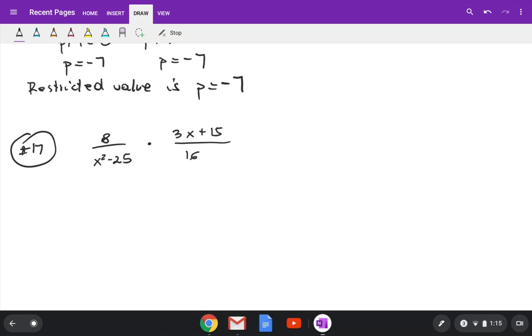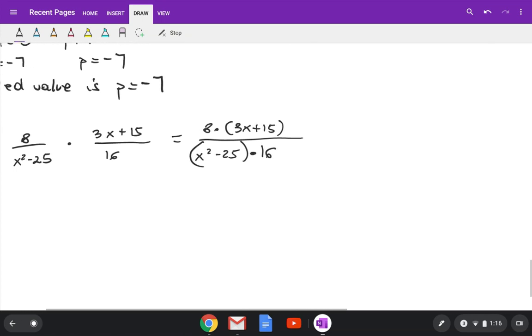Okay, so how are you guys going to multiply? Okay, so we multiply numerator with numerator, denominator with denominator. So we have 8 times 3x plus 15 over x squared minus 25 times 16. So this is how you multiply fractions.